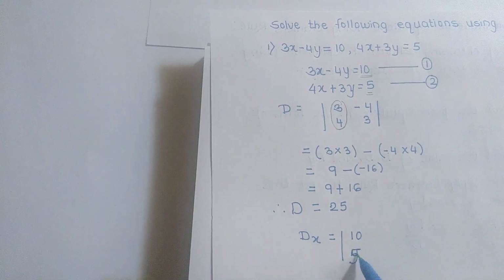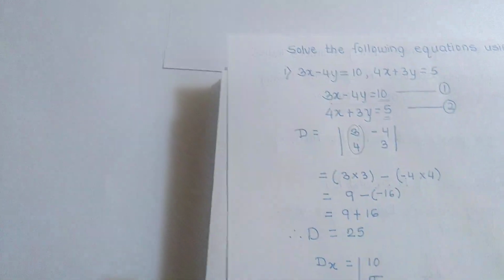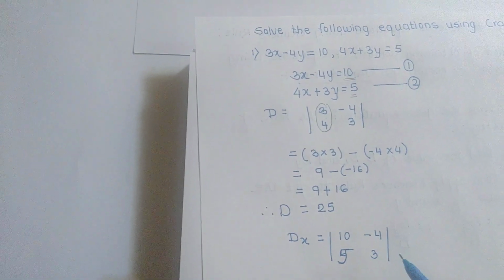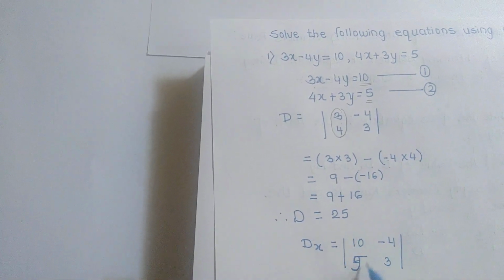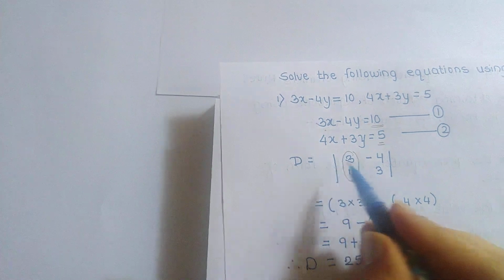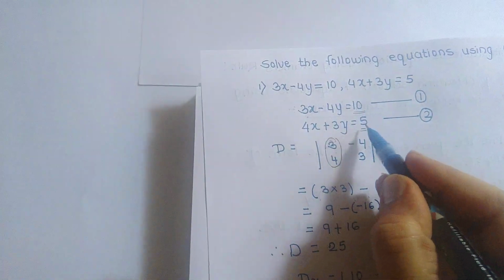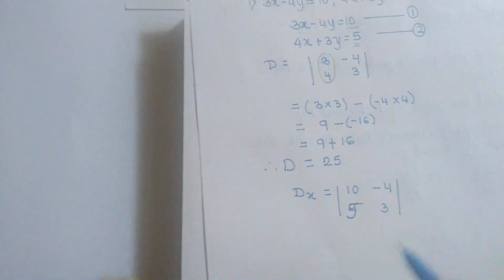The coefficients of variable y will be written as they are, that is minus 4 and 3. I'll repeat, while writing Dx, you have to replace the x coefficients in D, that is this 3 and 4, by the constants 10 and 5. Minus 4 and 3 will be written as they are.